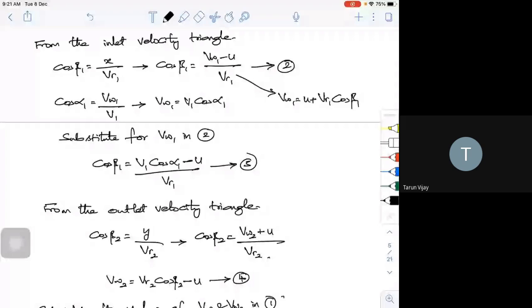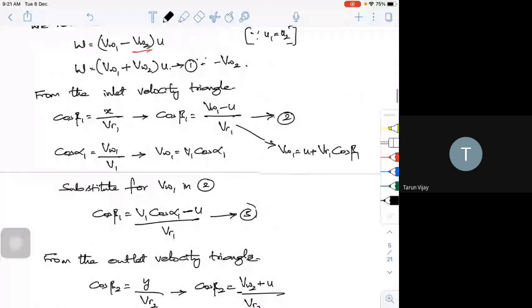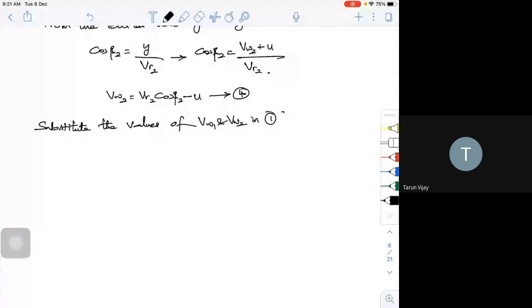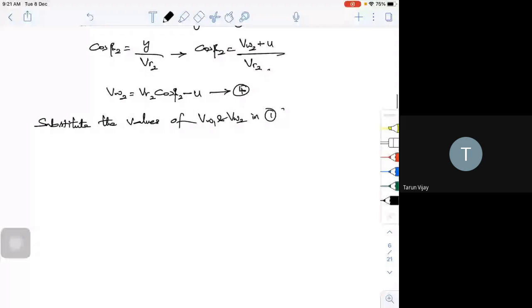Then VW2 is equal to VR2 cos beta 2 minus U. So I substitute in equation 1: W is equal to U plus VR1 cos beta 1, that is for VW1, then for VW2 it is VR2 cos beta 2 minus U, then I have U outside. This is the expression for your work done.